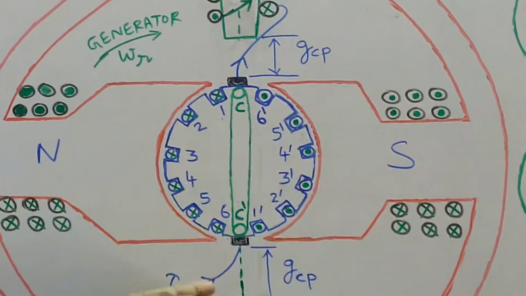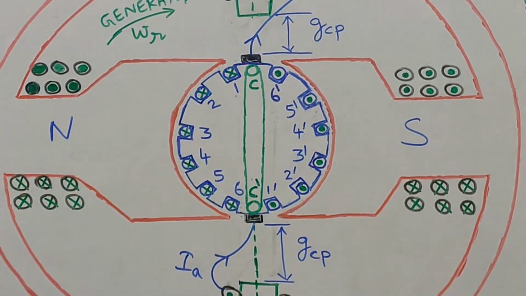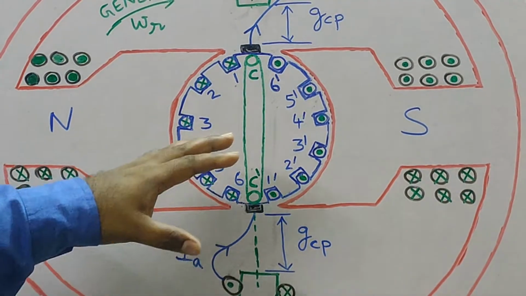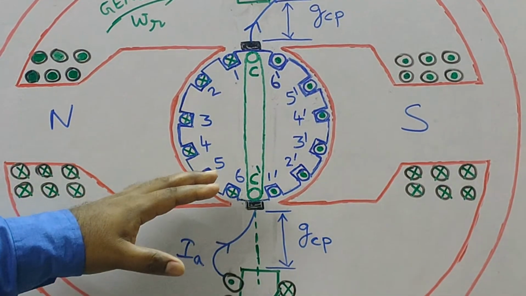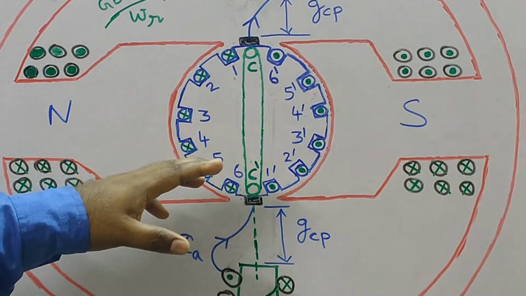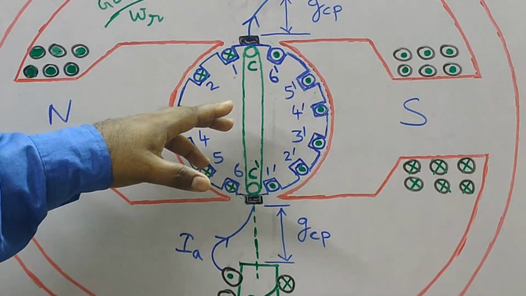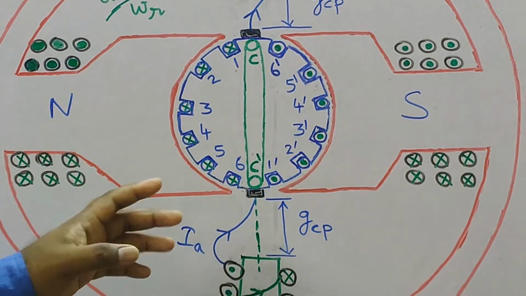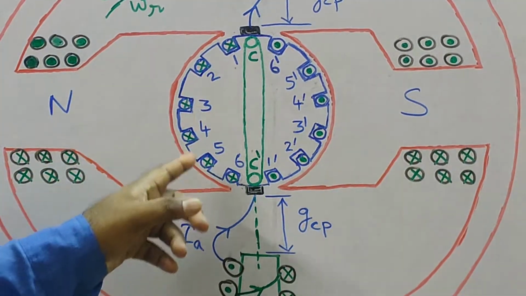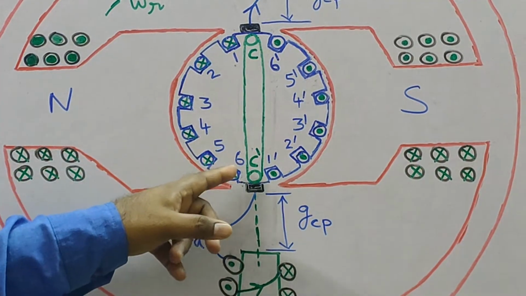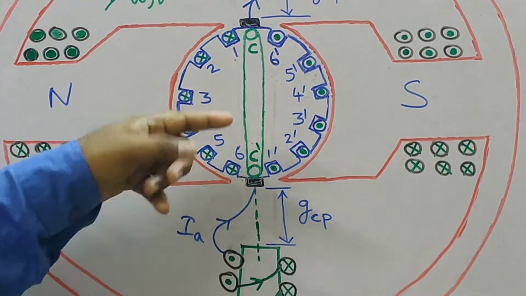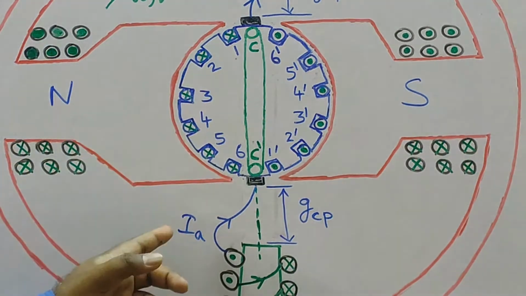Actually this coil CC dash is not any particular coil. We have assumed that there are 6 coils placed on the armature core, and I will reiterate that there are 6 coils. It is not that this coil CC dash will get counted and it will become 7 coils.